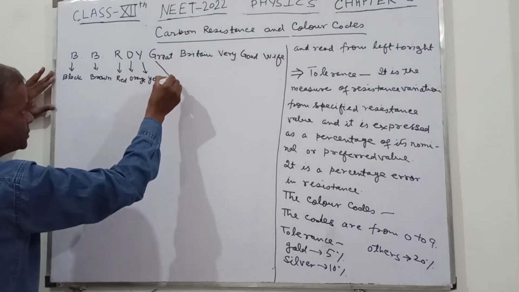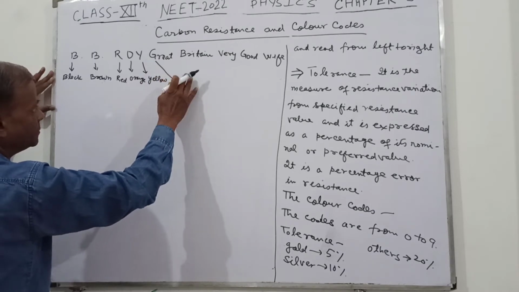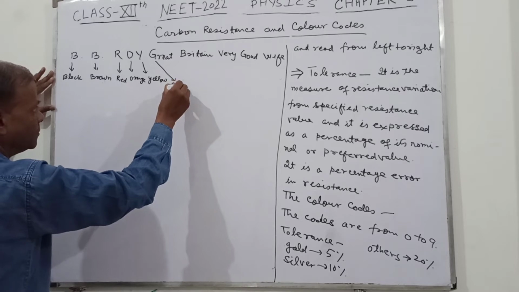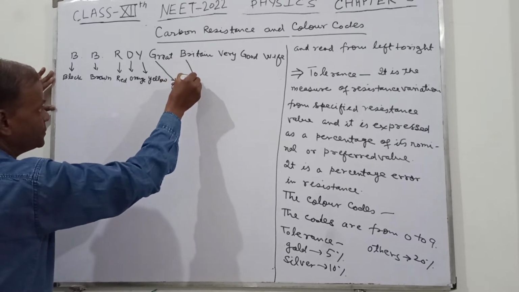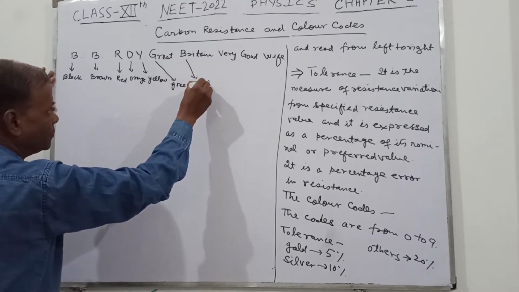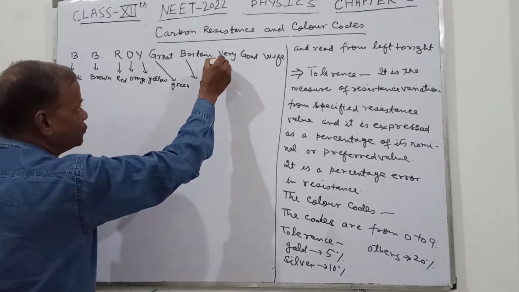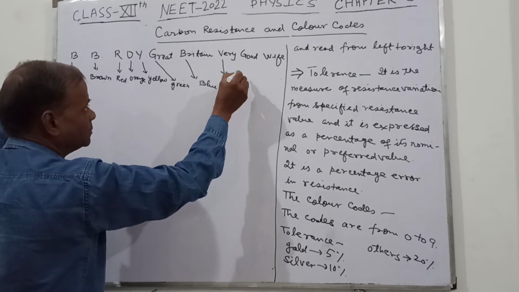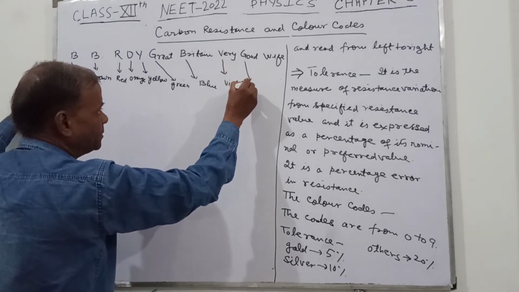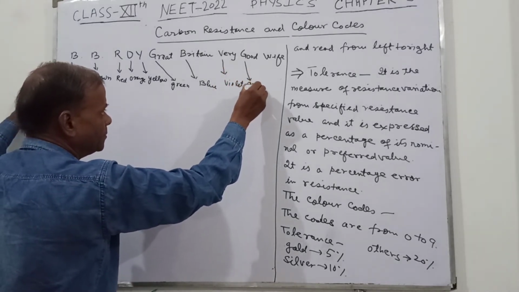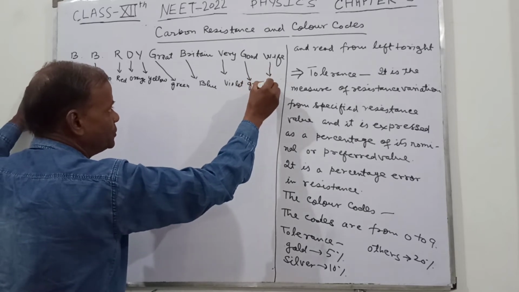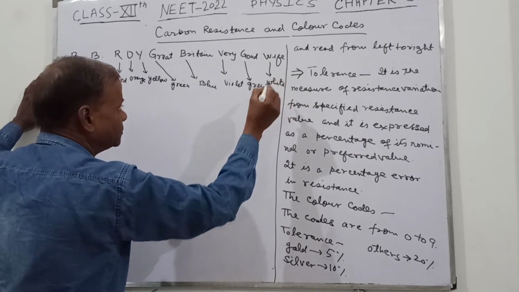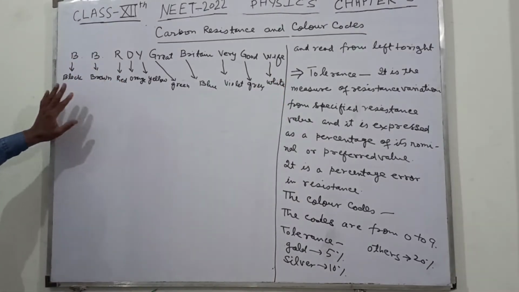This G means green. B means, this is now your blue. This V means violet. This G means grey. And this W means white. And the codes are given.